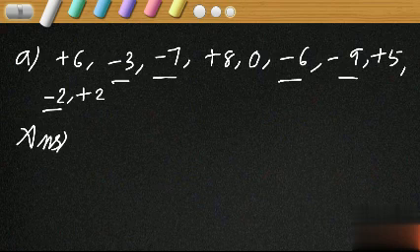What is the magnitude of -9? 9. Since these are negative integers, -9 is the smallest among these. So we should start with -9 on the number line.